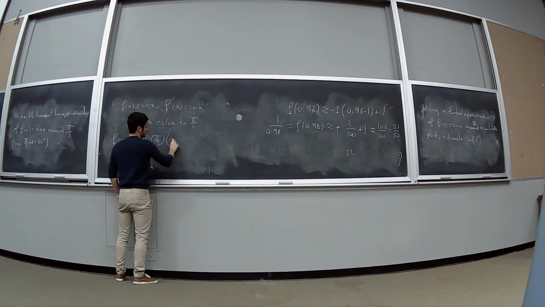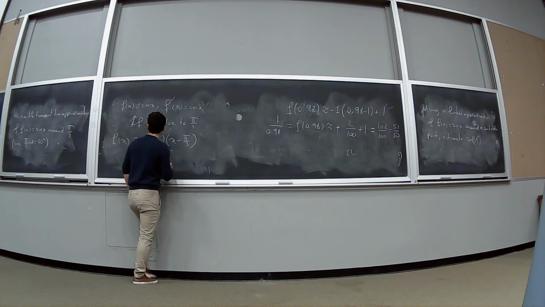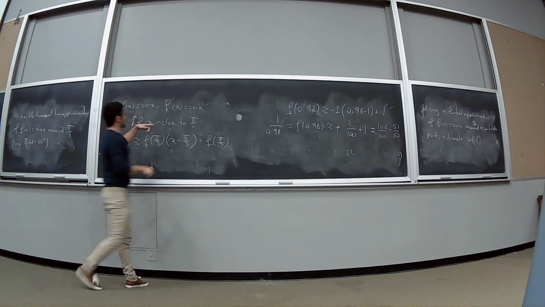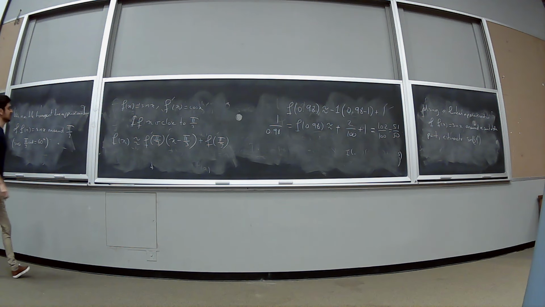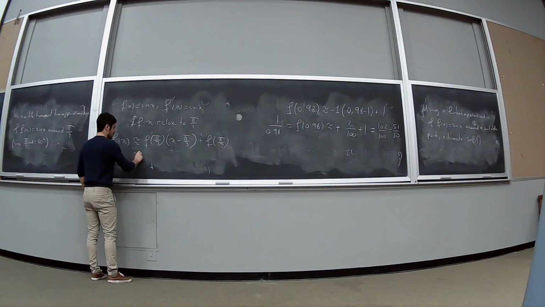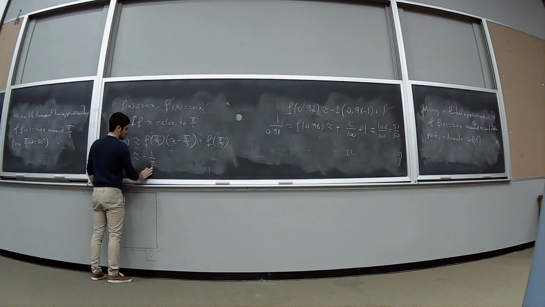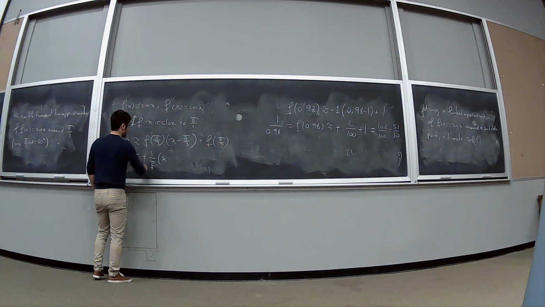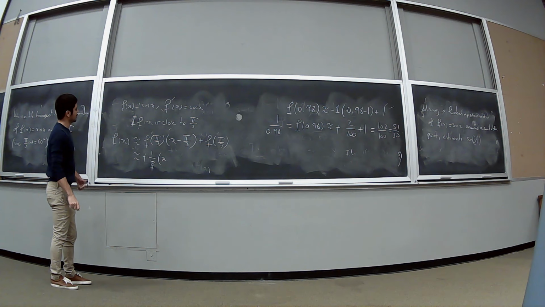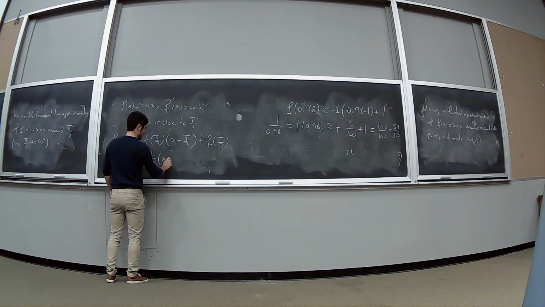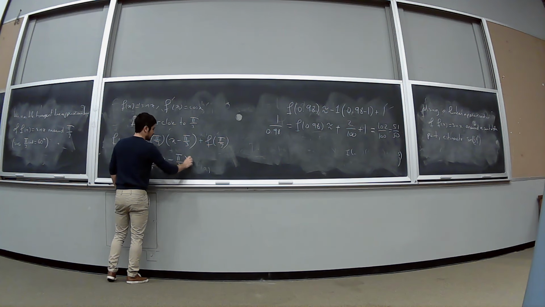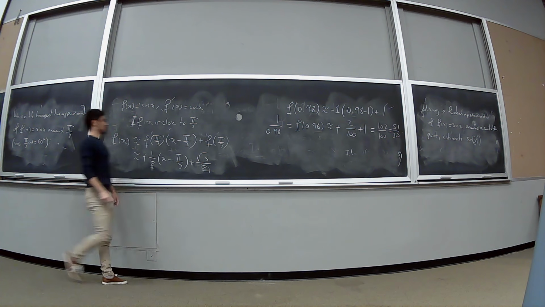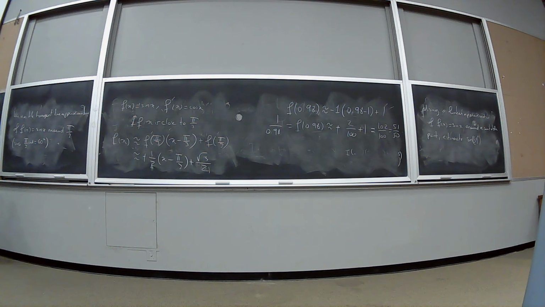So f prime of pi over 3 times x minus pi over 3 plus f of pi over 3. So what's f prime of pi over 3? Cosine of pi over 3 is minus 1/2, right? Sorry, it's 1/2, thank you. Cosine of pi over 3 is 1/2. I don't know what happened. Plus sine of pi over 3 is root 3 over 2. You agree with this? Everybody, are we good?